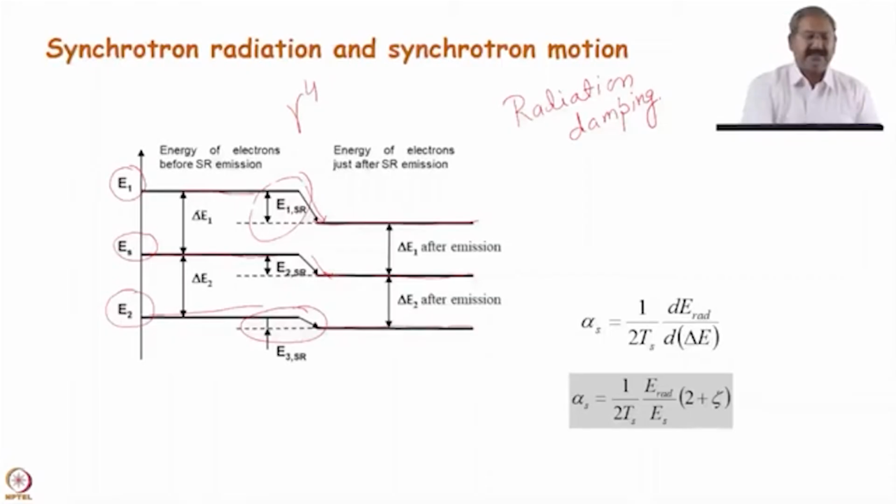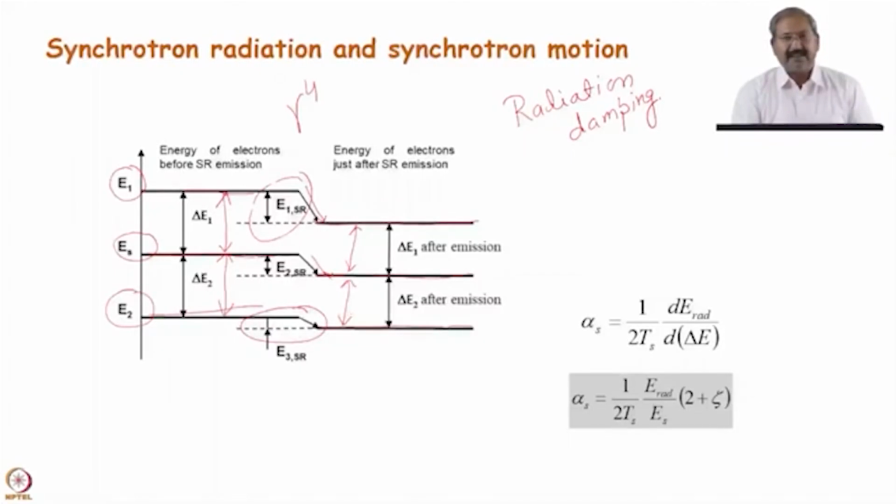So now you can see that the gap in energy between the higher momentum particle and the synchronous particle has been reduced after emission of the photon. And similarly, the gap between the energy of the lower momentum particle and the synchronous particle has been reduced after emission of the synchrotron radiation.